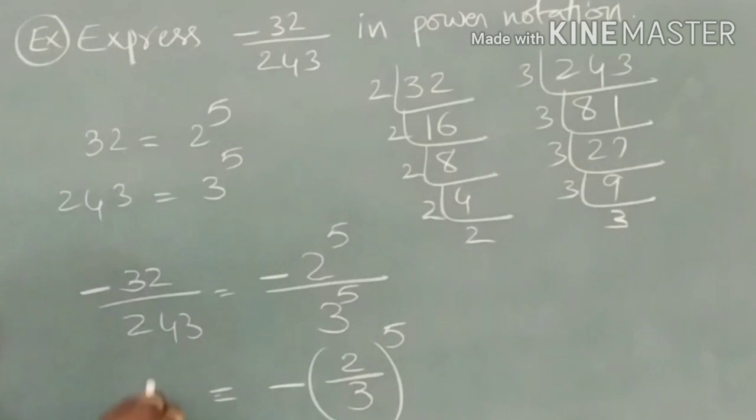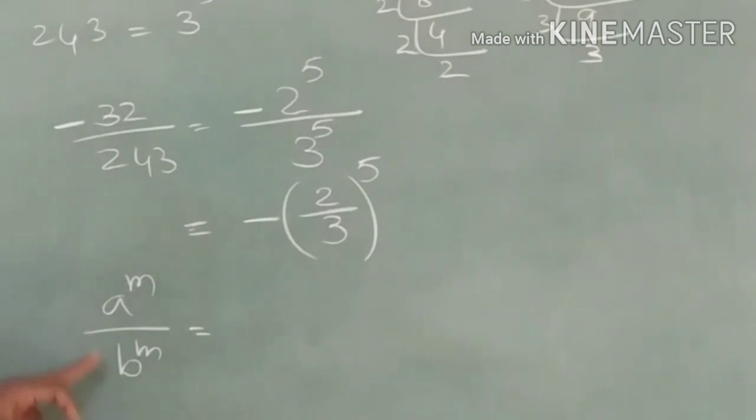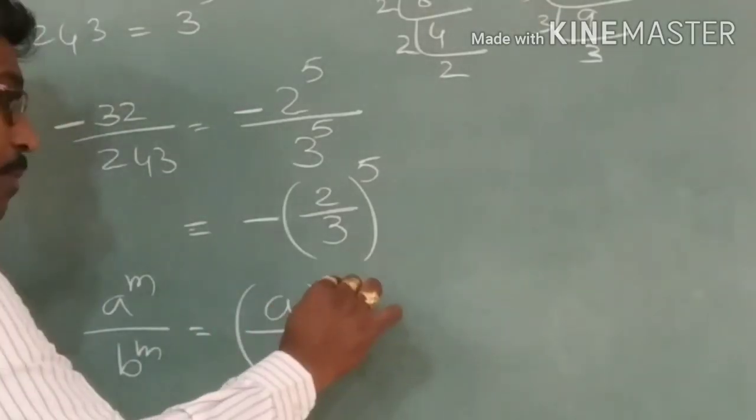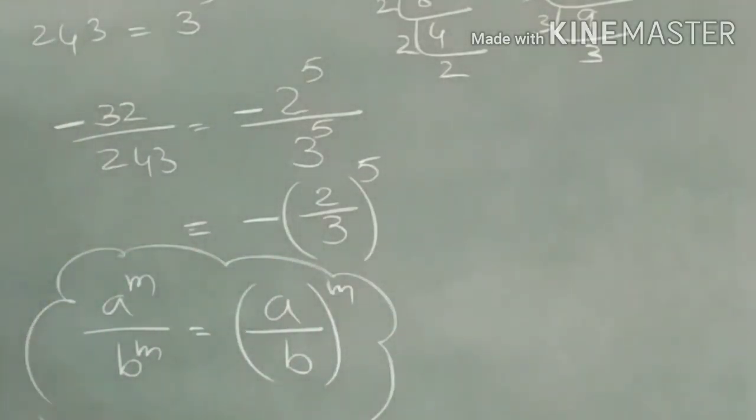Because here this is in the form of a to the power of m and b to the power of m. Both have the same powers and the bases are different. Then we can write it as (a/b) to the power of m.